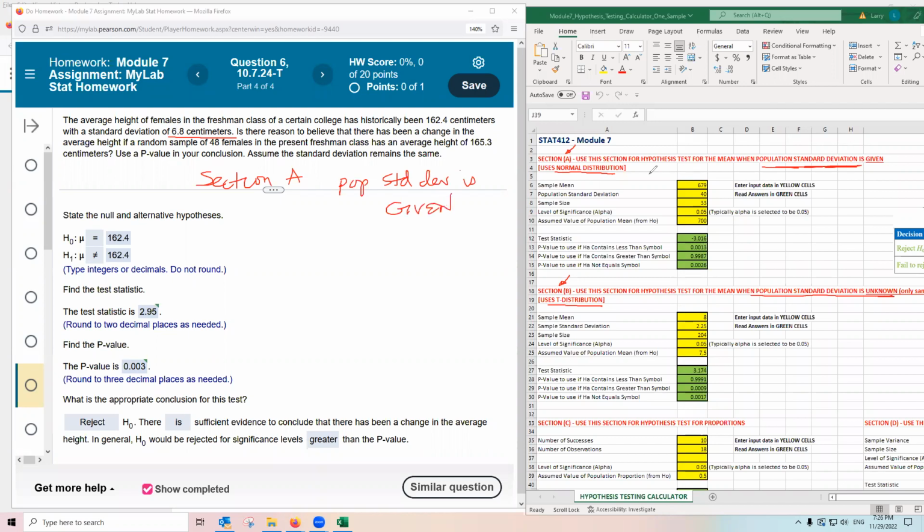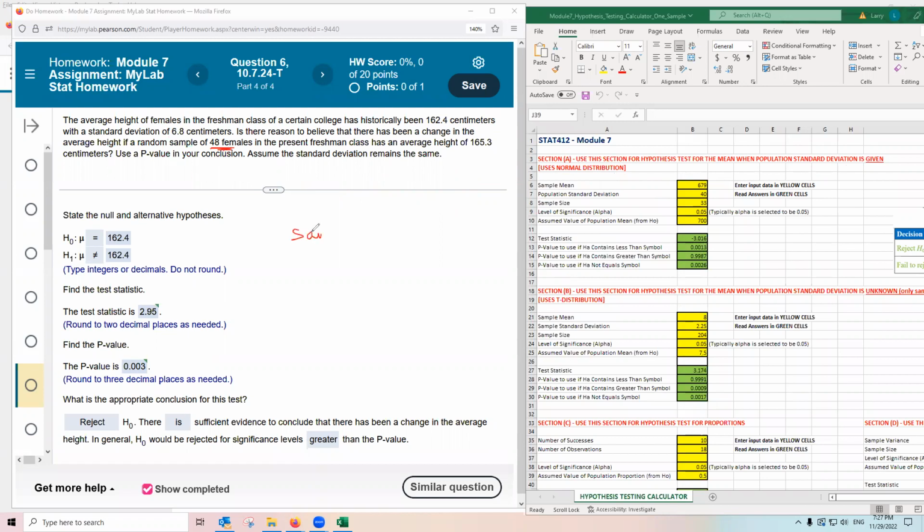All right, so let me come up here. I'm going to start entering the sample mean, the population standard deviation, and the sample size. Remember, in the spreadsheet, you enter numbers in the yellow cells and read the answers in the green cells. All right, so let me go to the wording here, and let's write down the sample data. Well, it looks like we took a sample of 48 females.